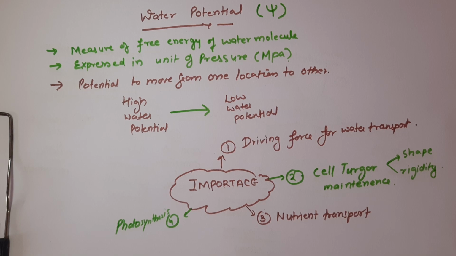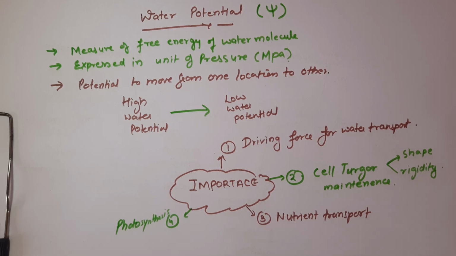First of all, it controls the availability of water to the leaf, and second, it affects the stomatal opening. If it influences the stomatal opening, then the carbon dioxide uptake for photosynthesis is also influenced. So by these two processes, water potential plays a huge role in photosynthesis.